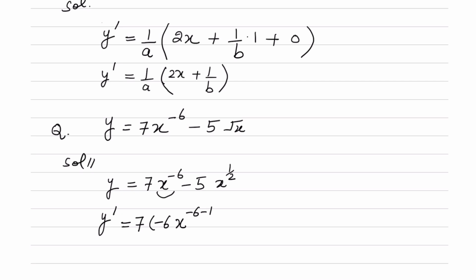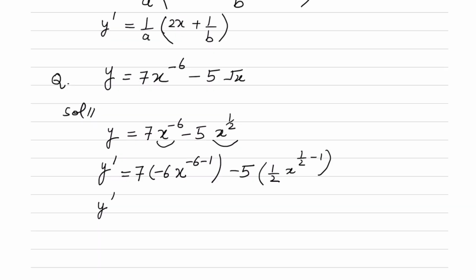minus 6 minus 1, minus 5. Power rule of derivative on x to power 1 by 2 gives you 1 over 2 x to power 1 over 2 minus 1. And you have y dash as 7 into 6, minus 42 x to power minus 7, minus 5 by 2 x to power minus 1 by 2.